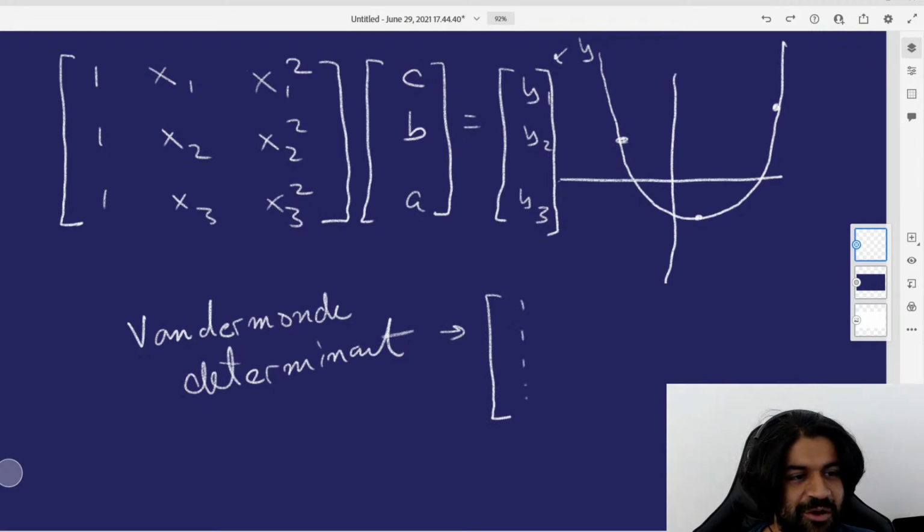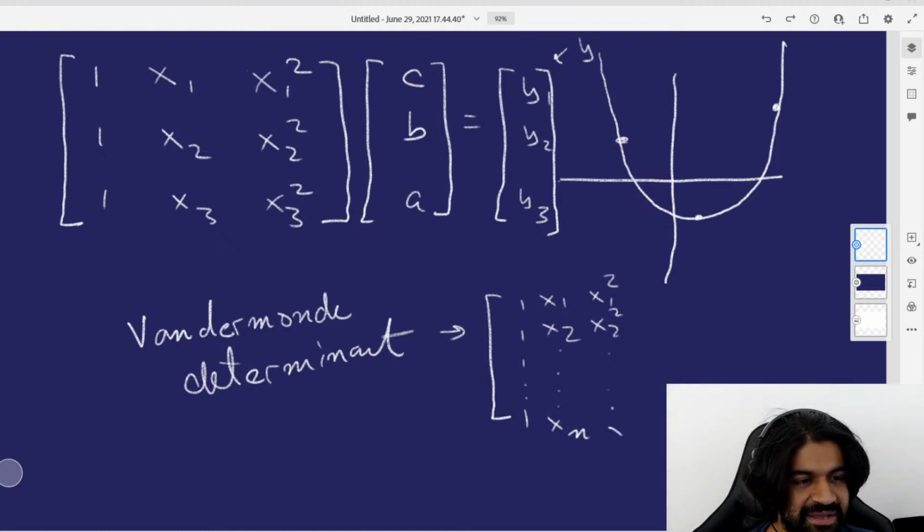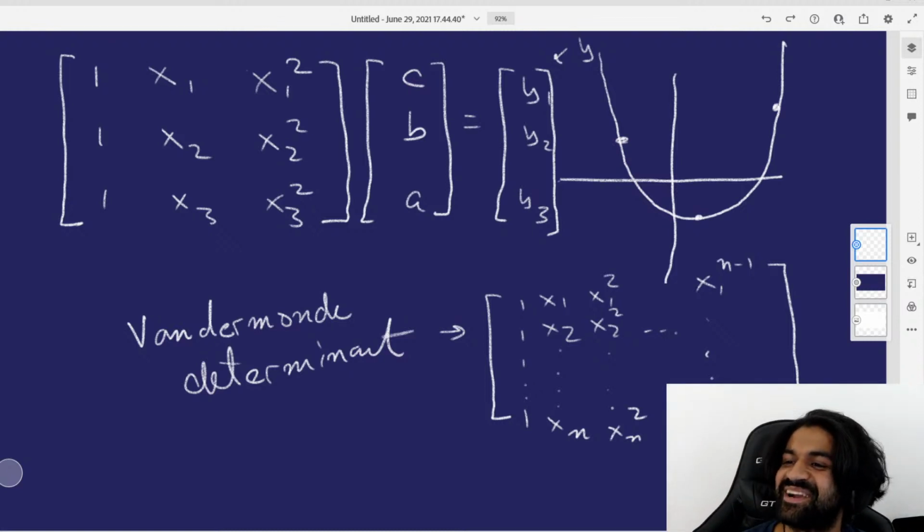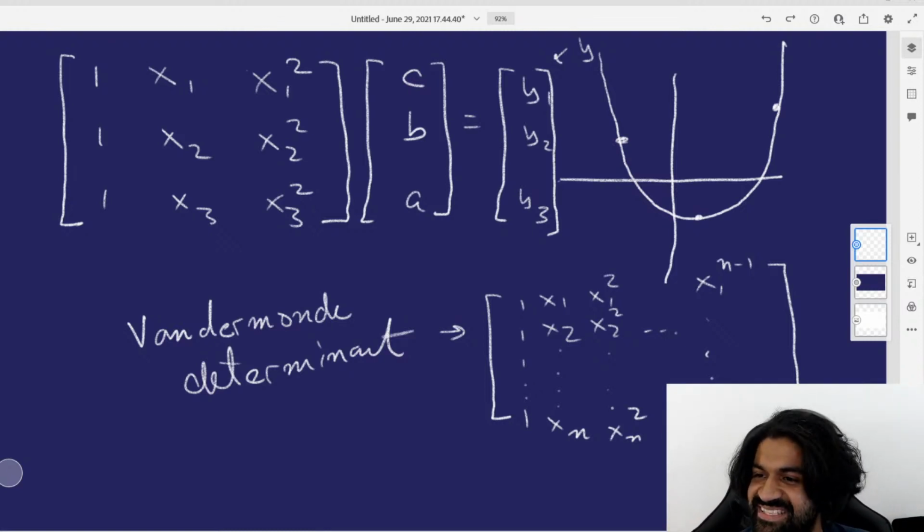It would be 1 all the way down, then x1, x2, all the way to xn, then x1 squared, x2 squared, all the way to xn squared, and so on, down to x1 to the n minus 1, xn to the n minus 1, whatever the determinant of this matrix is. Yes. Sorry about that. I see you meant x, not y. You're absolutely correct. Okay.